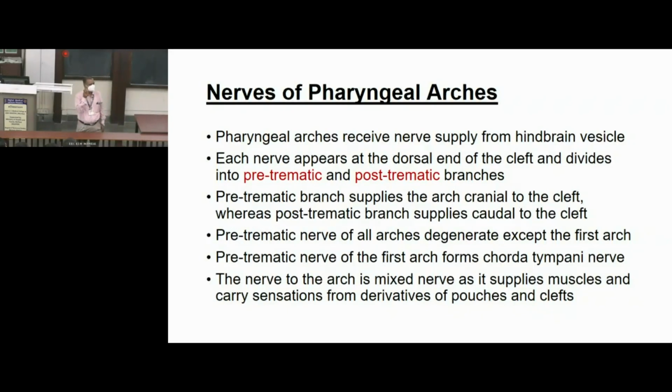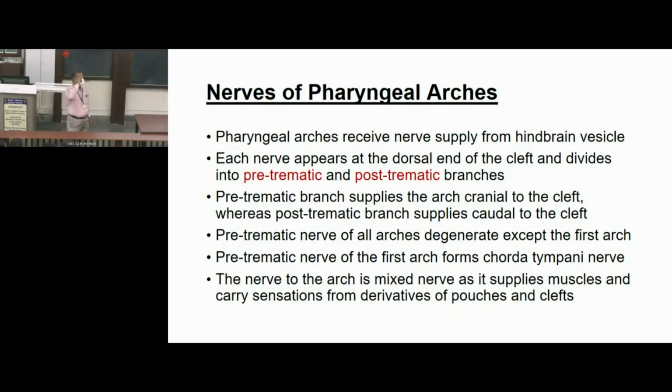Till 12th standard, you must have learned helicotrema, in the internal ear cochlea, shell shaped, so that turns together like a helix. So, it is called helicotrema, correct? So, trema is a cleft, a groove. Therefore, a branch of the nerve cranial to it is the pre-trematic branch. The branch of the nerve caudal to the trema, that is the cleft, is called the post-trematic branch.